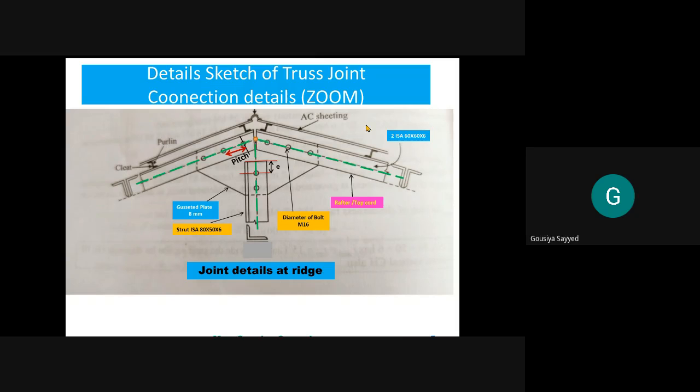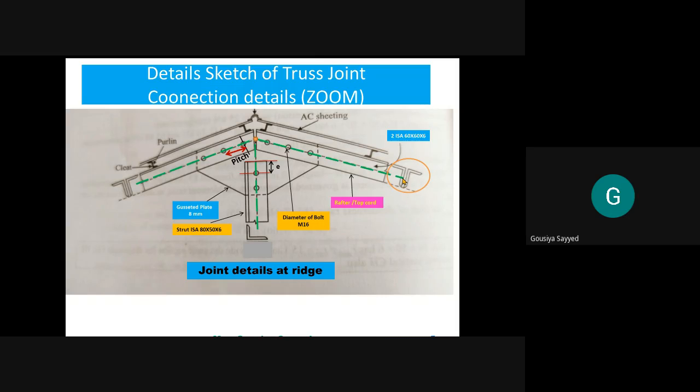Okay, so you have to show all these details, the sizes, their names, diameter of bolt, again the center line of this diagram. Hello, are you getting it? It's easy. So you have to draw each and every detail of the joint. Also, you have to show the cross section of this rafter.